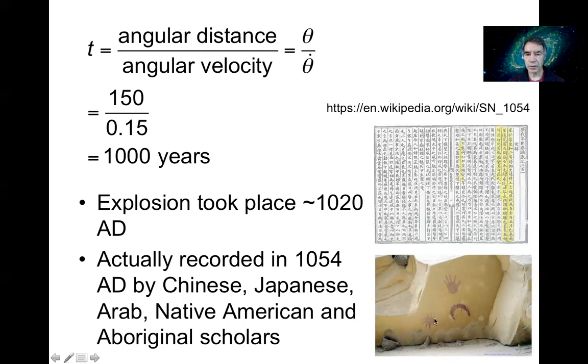Here's the new star next to the crescent moon, which, if you wind back the astronomical clocks, is about right. That's where it would have appeared relative to the new moon at the time of the explosion. It's also in the Aboriginal record in Australia as well. So yes, you can do historical astronomy too.